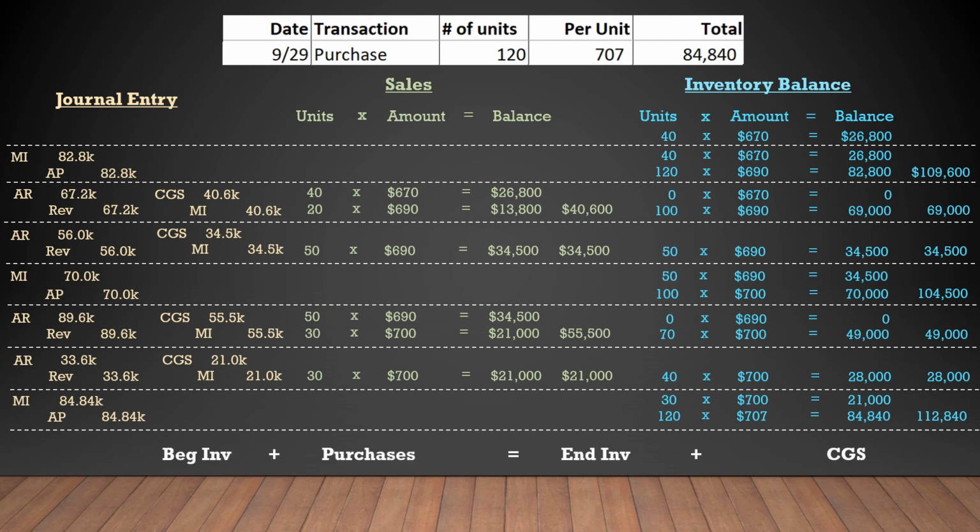We have our beginning inventory of $26,800. Next, we take our purchases.